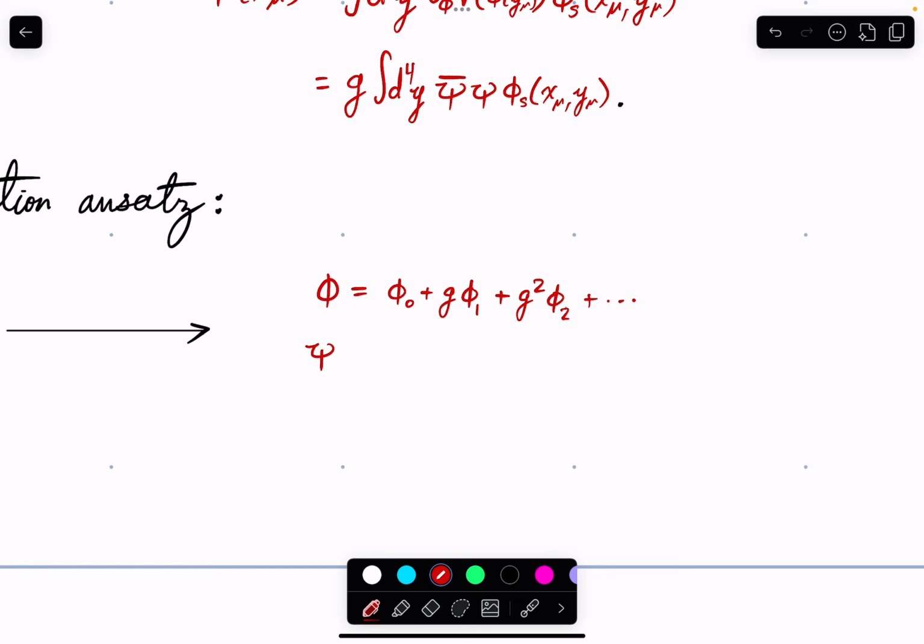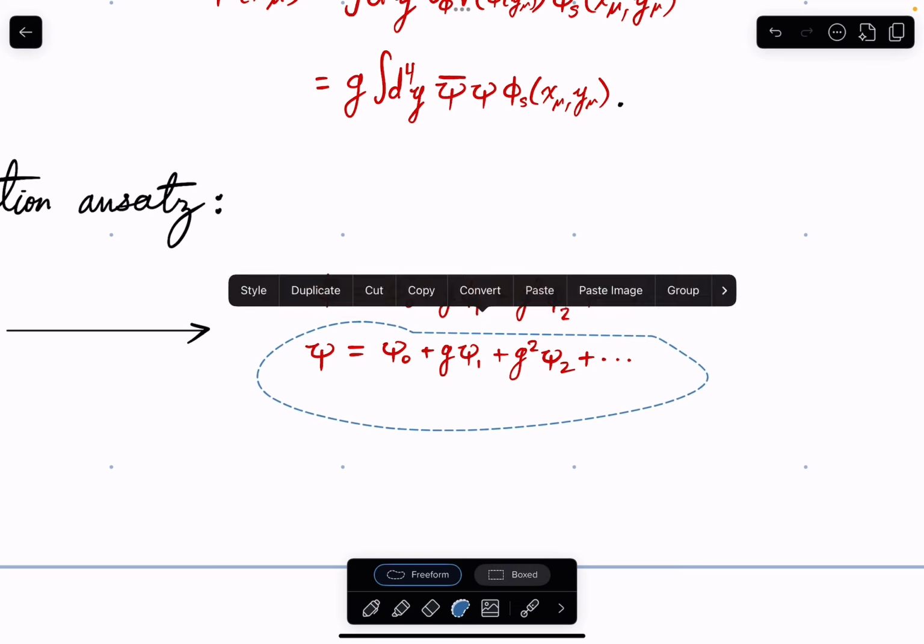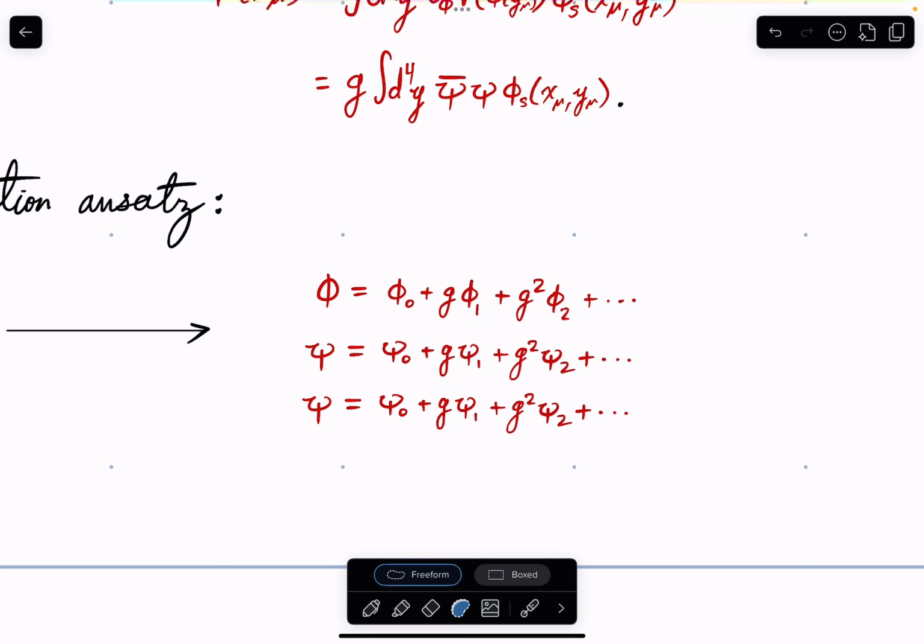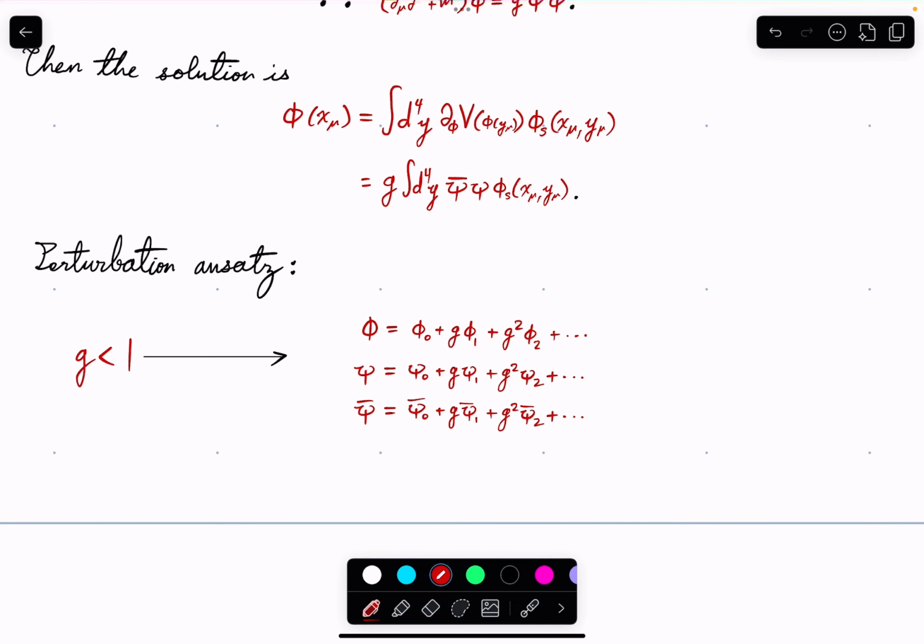And psi is equal to psi naught plus G psi 1 plus G squared psi 2, and this goes on. And this implies that it also exists for the psi bar, for the conjugate spinor. So this is the perturbation ansatz.